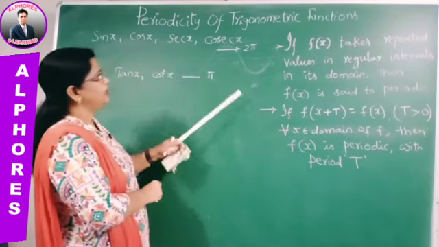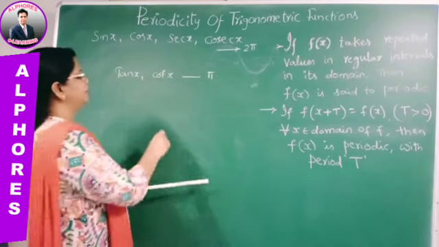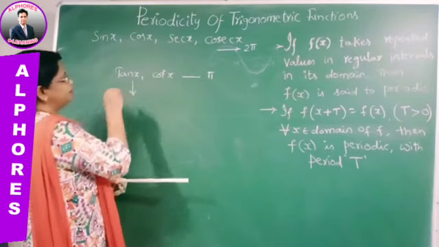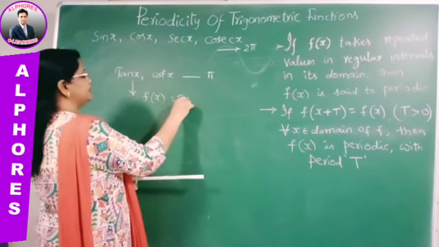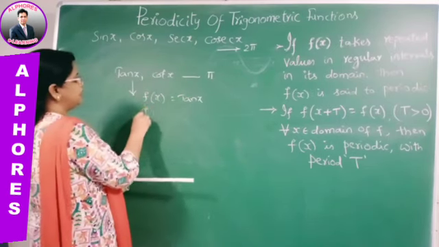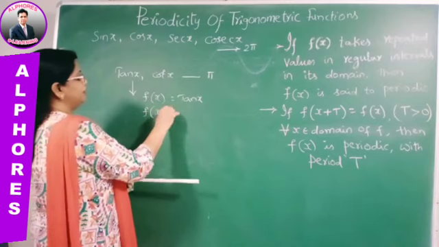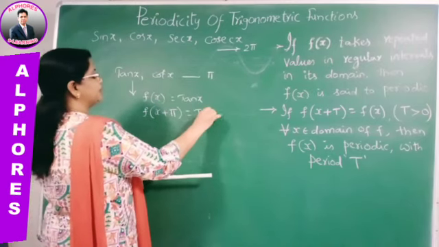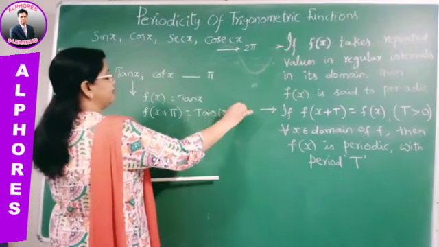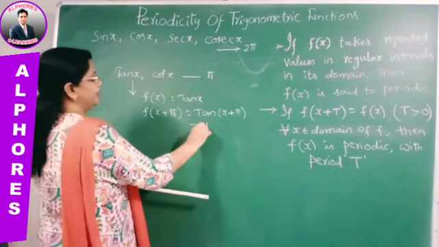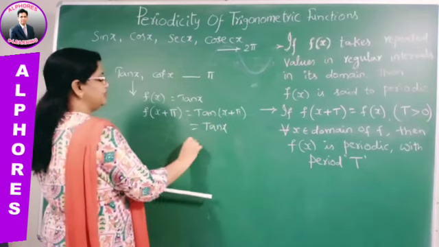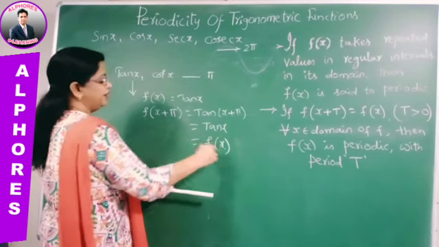And next, how can we say the same? You can observe here students, suppose tan x, if I take f of x is equal to tan x, then we can say f of x plus pi equals tan of x plus pi. And what is tan of x plus pi? Third quadrant, tan value positive, and hence you will get again tan x, which is nothing but f of x.